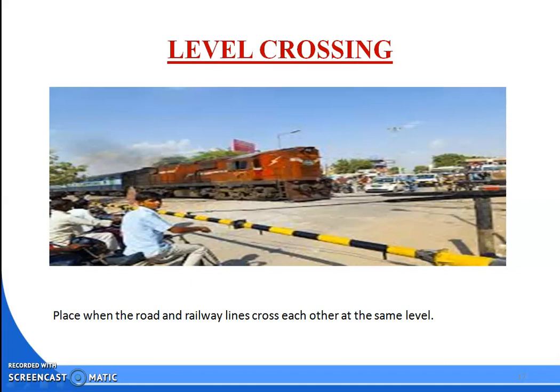So this is a picture of a level crossing. This is the highway, and on the highway, at that same level, a railway track also runs over it. And here the gates are provided on both sides to allow the train passage and stop the people to avoid the train.